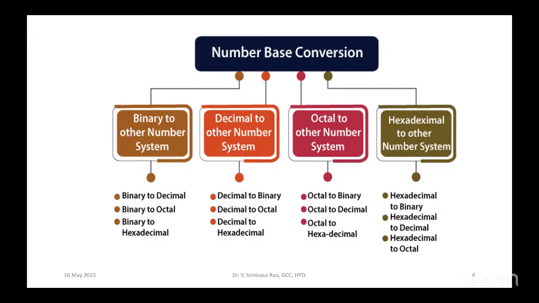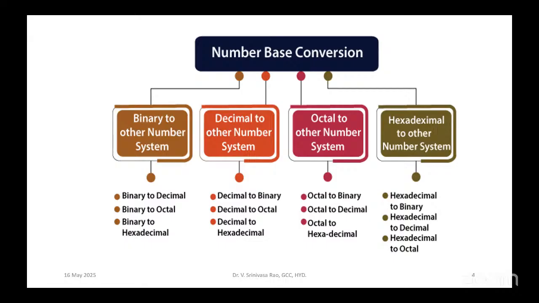How many conversions can you easily do? Binary to decimal, binary to octal, binary to hexadecimal. Okay, that is the first one. Second one is decimal to binary, decimal to octal, and decimal to hexadecimal.